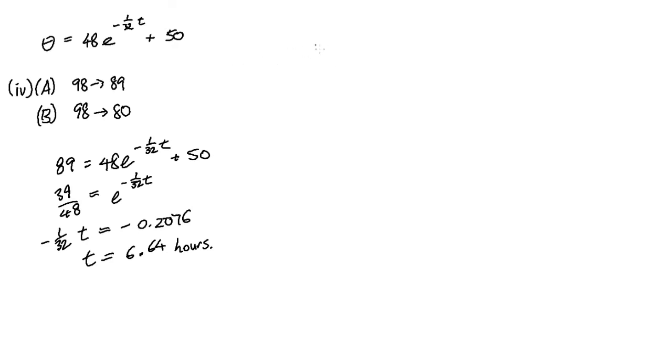Now look at B. For a time longer, it might deviate a bit more. So 98 to 80, we have 80 equals 48 e to the minus 1 over 32 t plus 50.